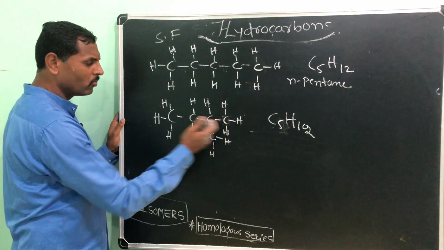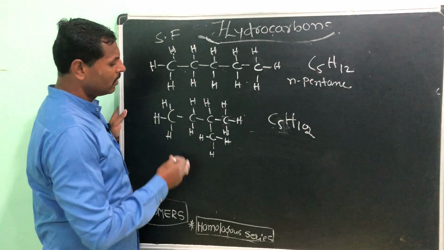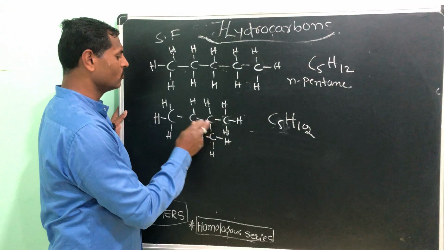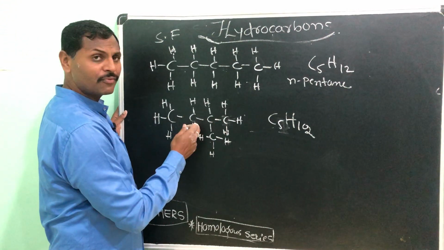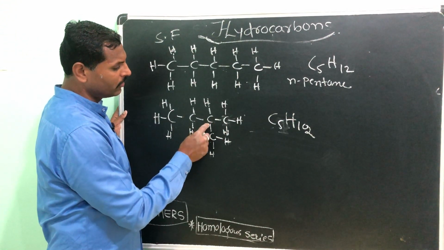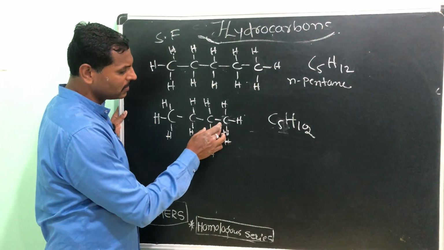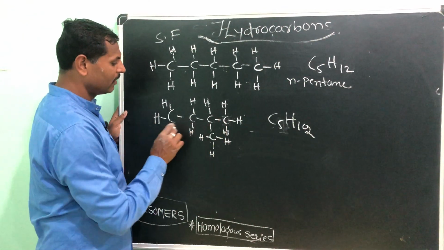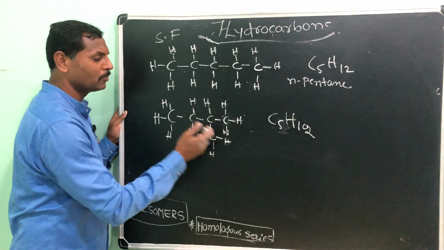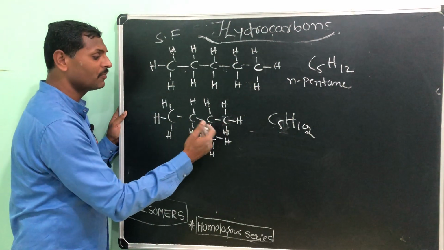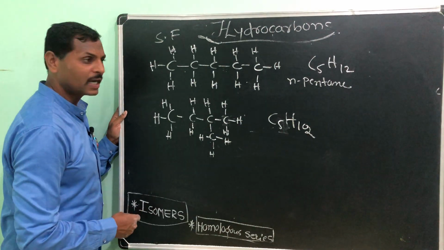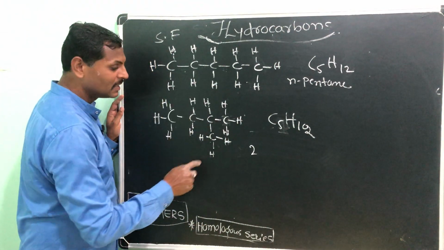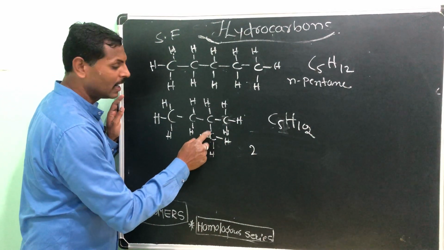Simply count the number of carbons in a single straight chain, 1 2 3 4. From here, if you come to this point, this carbon attachment is very near, whereas from here if you go, it will be in the third position. From the right side if you come, it will be in the second position. Then you write this as the 2. Only one carbon is there, 1 2 3 and 4.